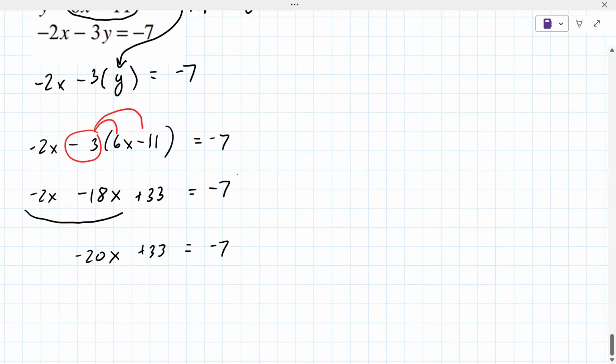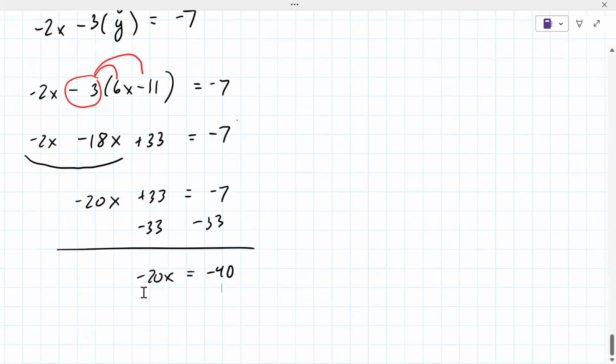Minus 33 to both sides. Yeah. -20x equals, what is -7 minus 33? Negative 40. Okay. So what do you divide both sides by now? Negative 20.